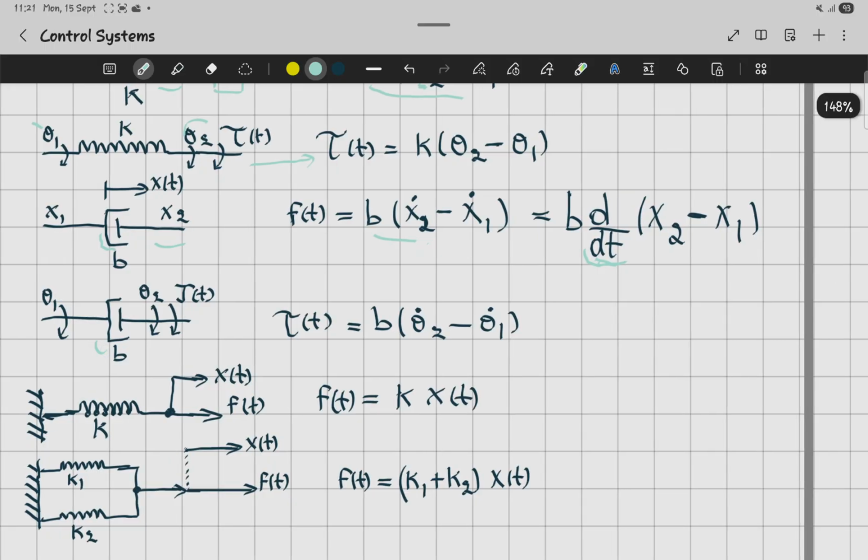The same goes for this one. You can also write this one like this: d/dt minus.